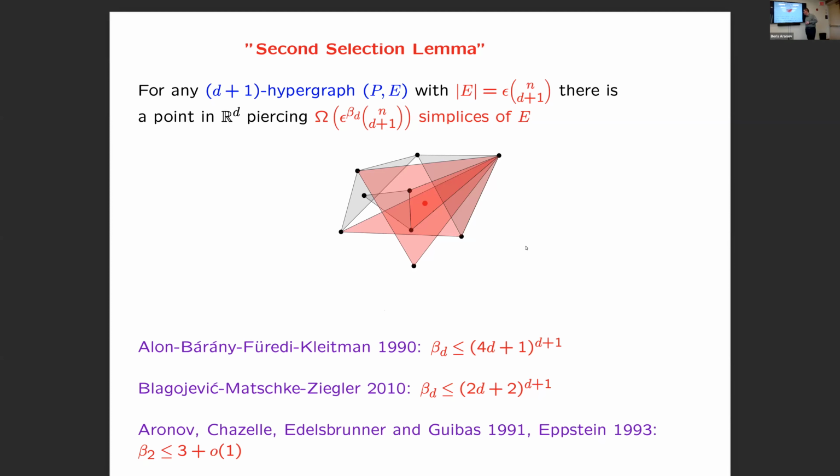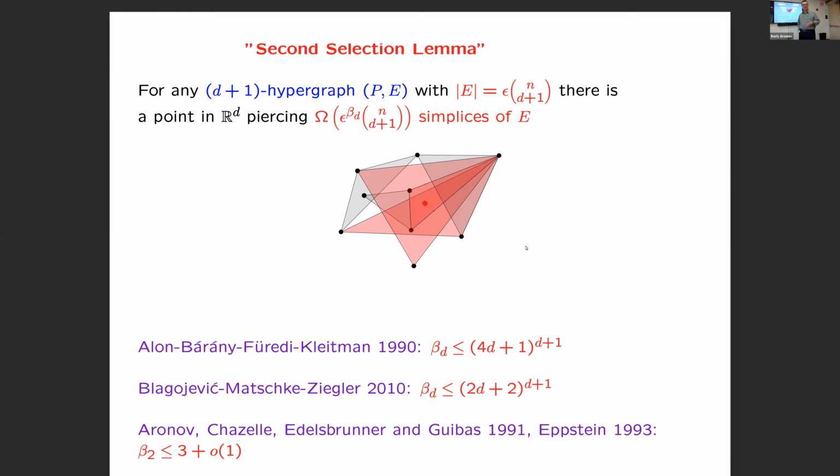improved by Blagojević, Matschke, and Ziegler, 20 years later, in 2010, who achieved a slight improvement, or not so slight, in the exponent, in the sense that instead of 4d, you have 2d here.